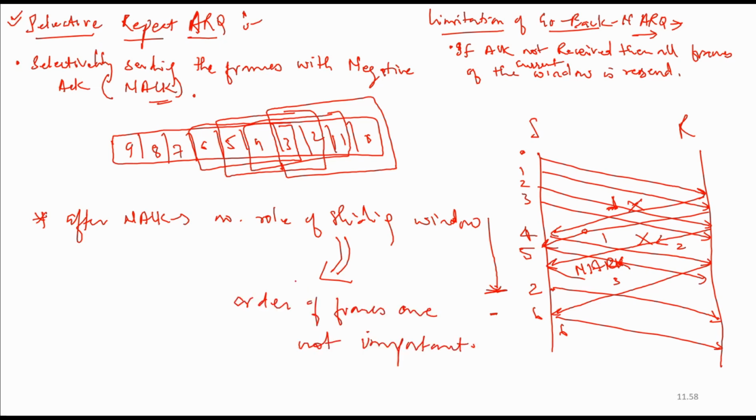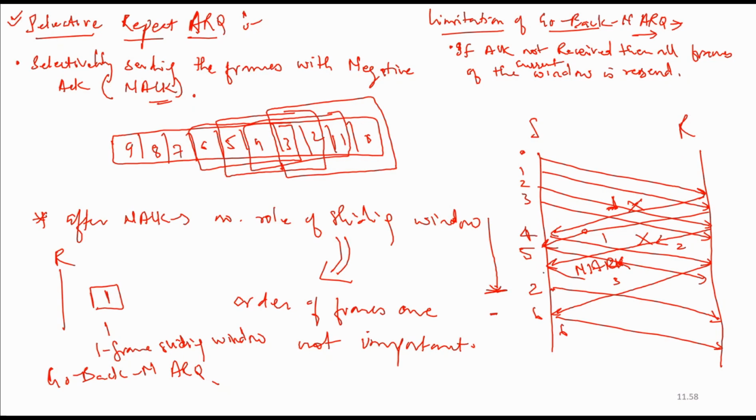In go back N ARQ, at the receiver side we have a sliding window that has only one frame. But in selective repeat ARQ, whatever the size of the window at the sender side, the same size of window is there at the receiver side.